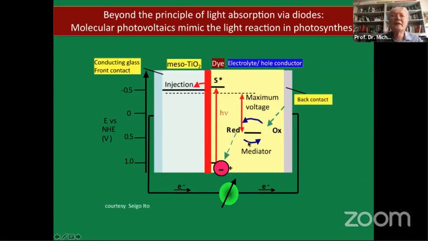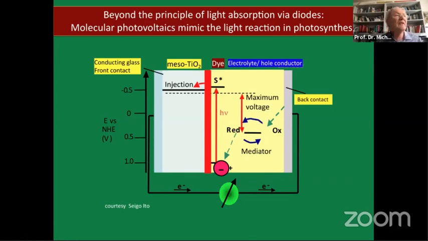And so for many years, we've been fiddling with this scheme, how to optimize it and how to get the efficiencies and stabilities up. And at the end, we developed a solid state device, which has become, in a way, the basis for the present perovskite development.